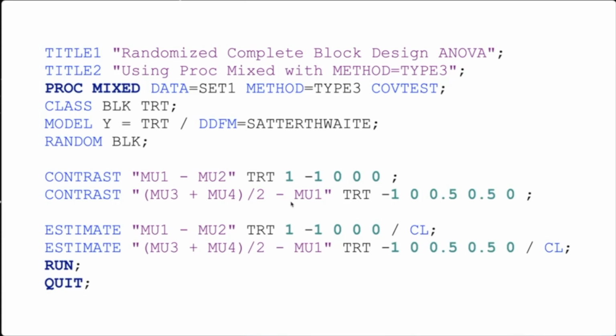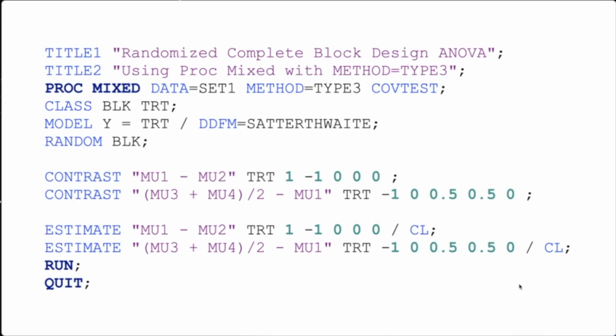We can see here that the coefficient on mu1 is -1, and then the coefficients on mu3 and mu4 are each 0.5. We would use the same coefficients for estimating each of these linear combinations, and if we wanted to construct confidence intervals for those linear combinations, those contrasts in this case, then we would include the option after the slash, the option CL for confidence limits.